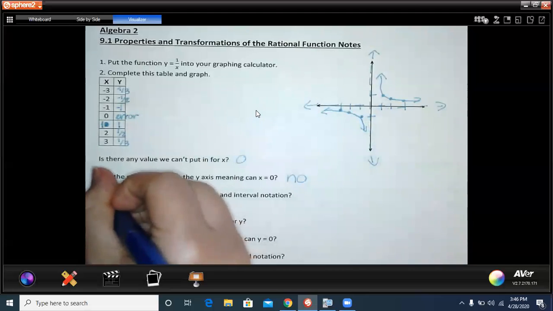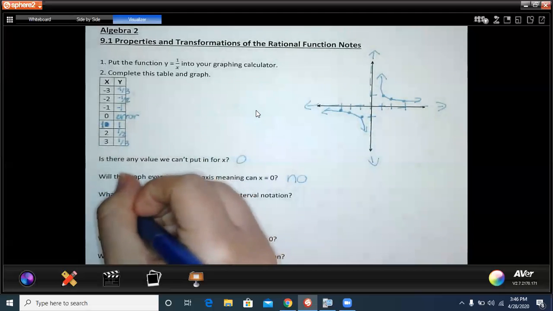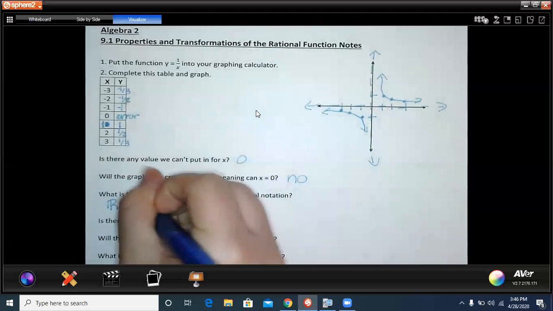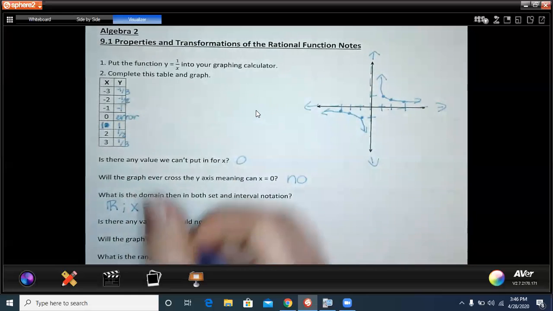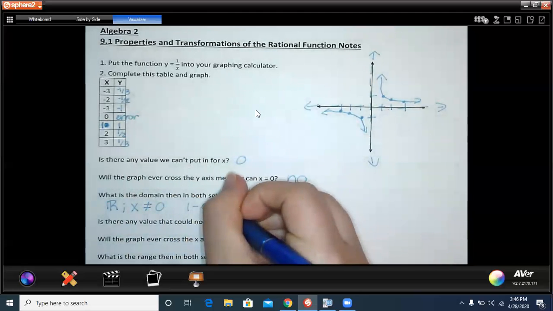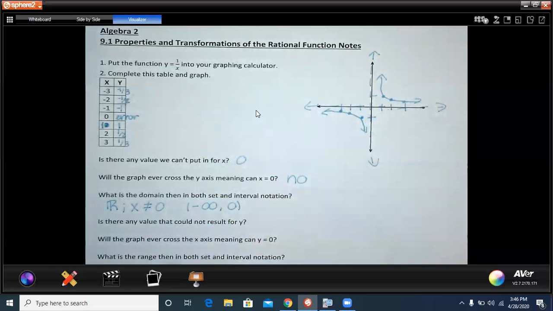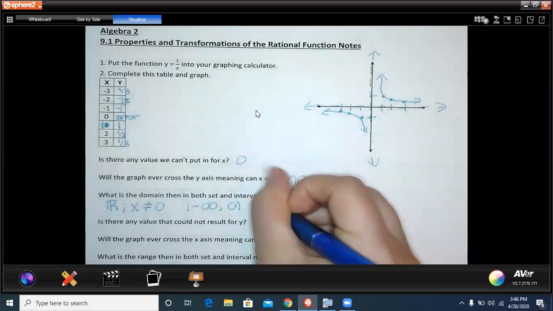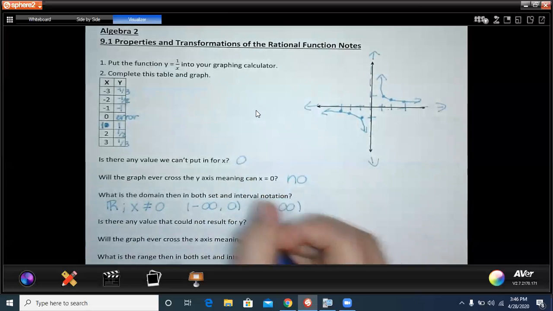So in set notation, we could write that it's all real numbers except x cannot equal 0. All right, and then for our interval notation, this is where you put it in the sets of parentheses. So we would say it goes off to -infinity all the way up to 0. And then it starts again at 0 and goes off to positive infinity.